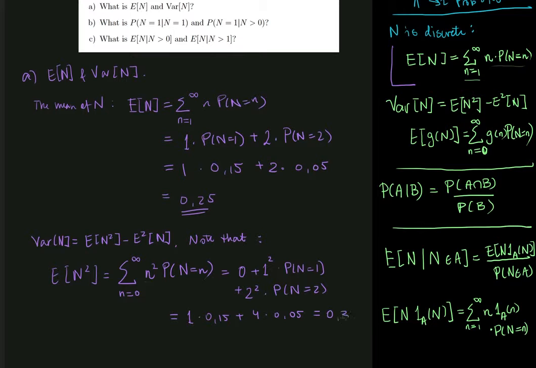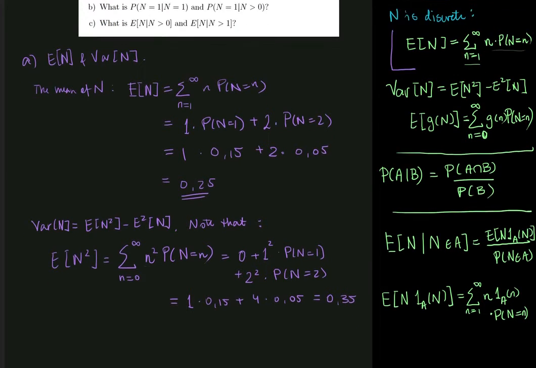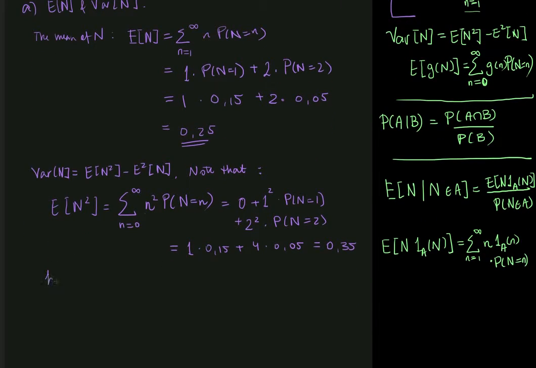And that is 0.35, which then gives us that the variance of n is equal to 0.35 minus the mean of n multiplied by the mean of n, which is equal to 0.25 squared.